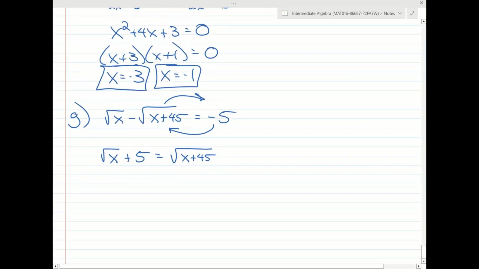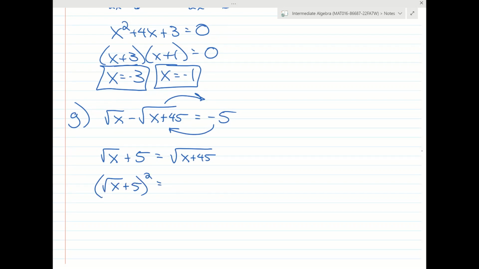Now we can square both sides because the hardest root is by itself. So the square root of x plus 5 squared, and the square root of x plus 45 squared. This will be the square root of x plus 5 times the square root of x plus 5.